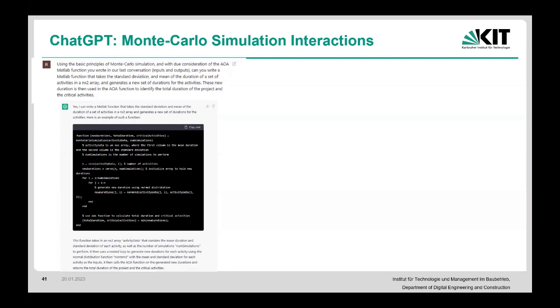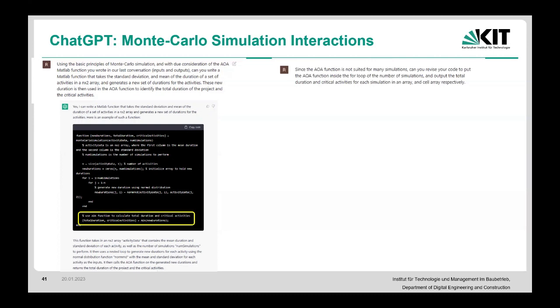So I had to tell it, not only is this not possible, you have to bring this in. Since the AOA function is not suited for many simulations, can you revise your code to put the AOA function inside the for loop of the number of simulations and output the total duration and the critical activities for each simulation in an array and cell array respectively?